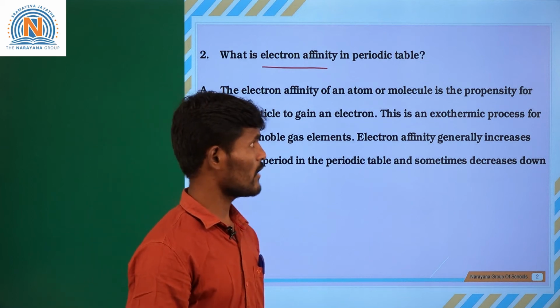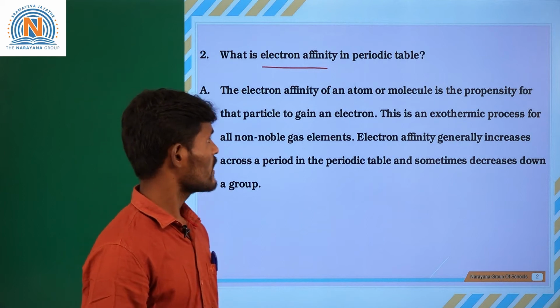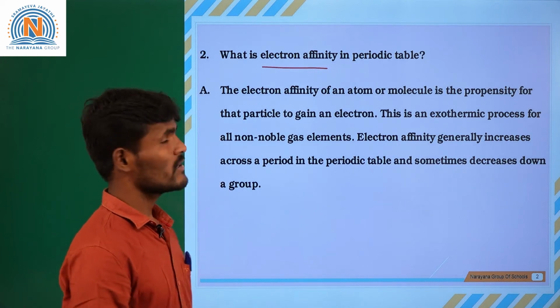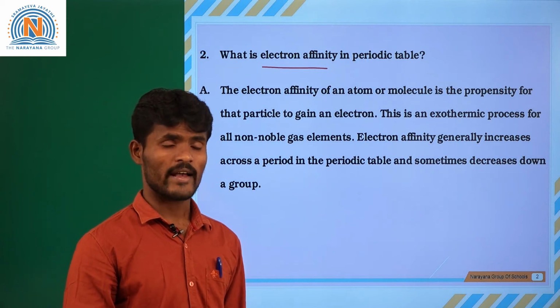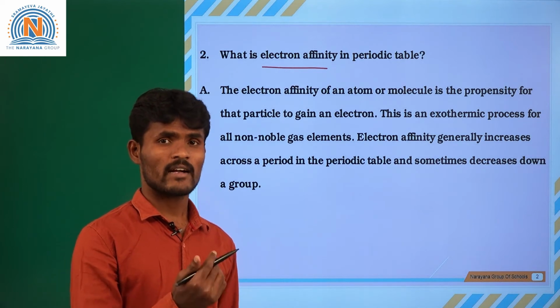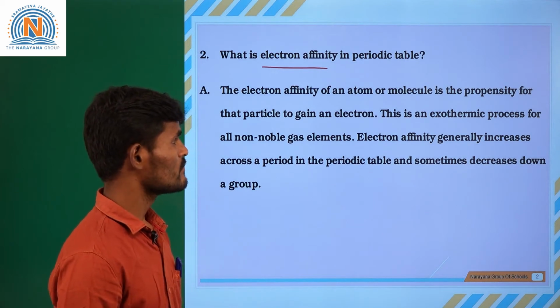The electron affinity of an atom or molecule is the property of that particle to gain an electron.